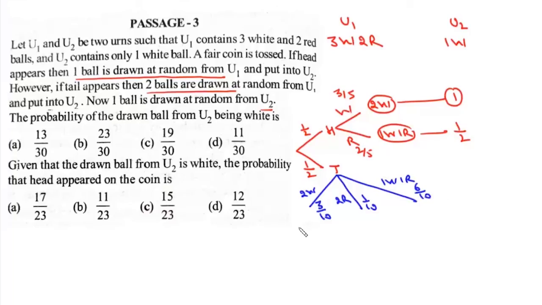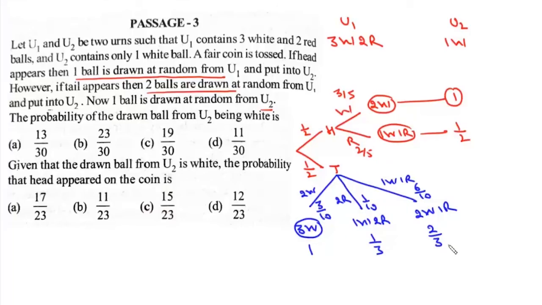Now if it is 2 white, urn 2 will have 3 white now, or it will have 1 white and 2 red, or it will have 2 white and 1 red. Now probability of getting a white ball here in this case is 1, here will be 1 by 3, and here will be 2 by 3.